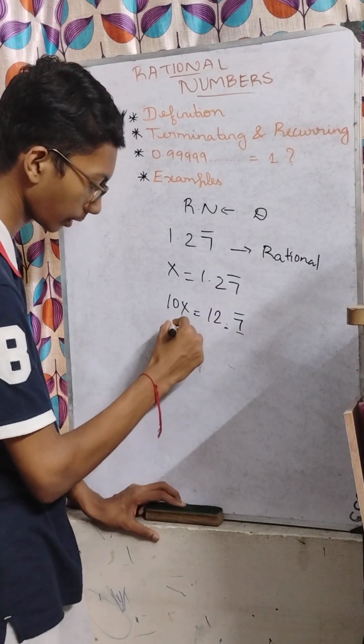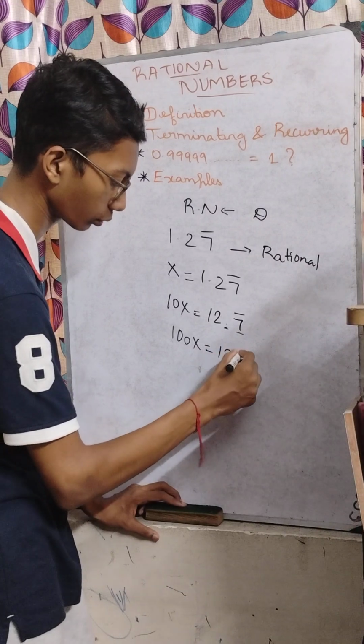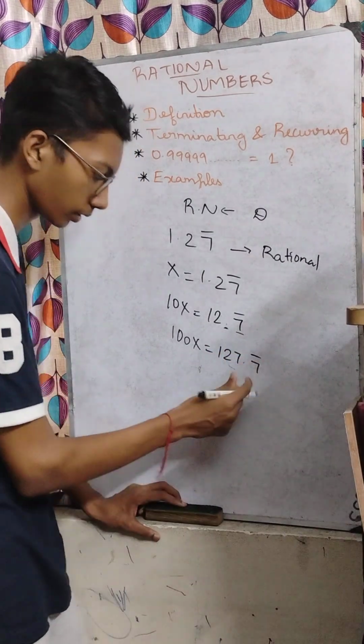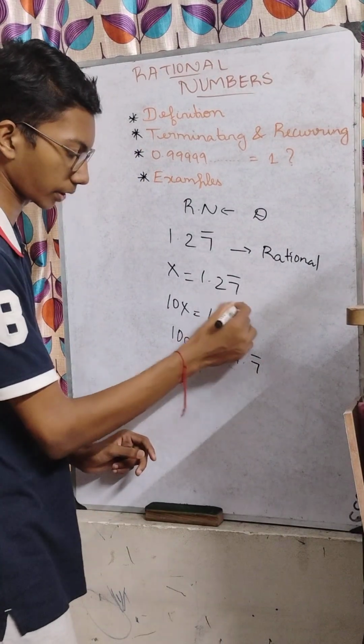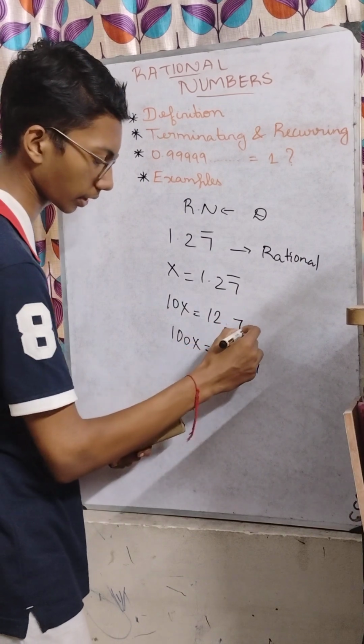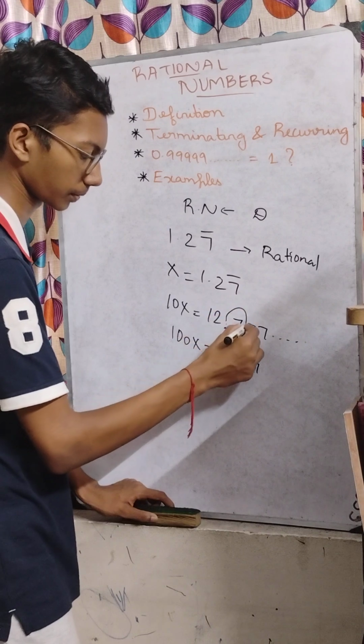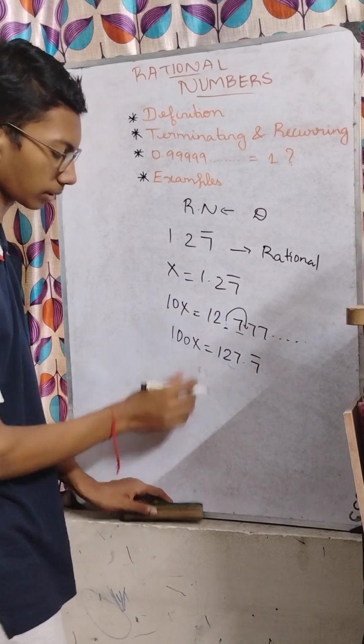So again multiplying by 10, we get 100x equals 127.7 bar, just keeping the decimal here since we are multiplying by 10.